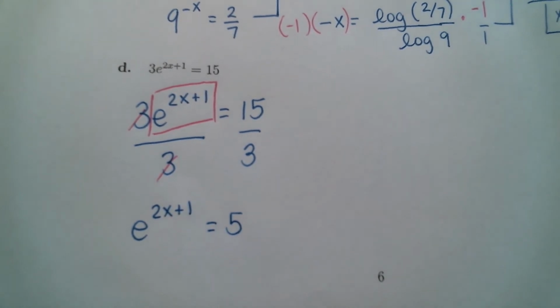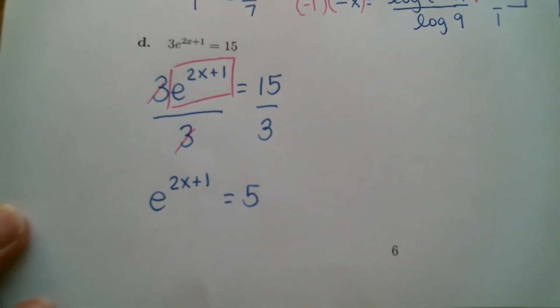Now that you have the exponential piece, the part containing the base and the power, isolated by itself, you can go ahead and take the logarithm. This is one of the situations where you should use one of the logarithms over the other. Remember, e and ln have a relationship: e to the x and ln of x are inverses of each other, so they cancel each other out.